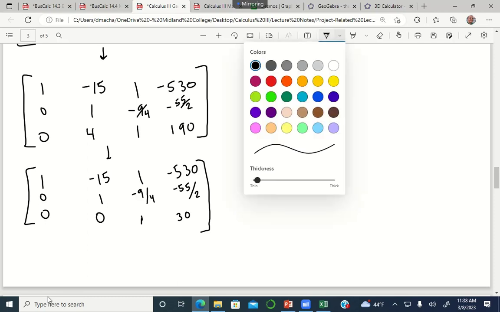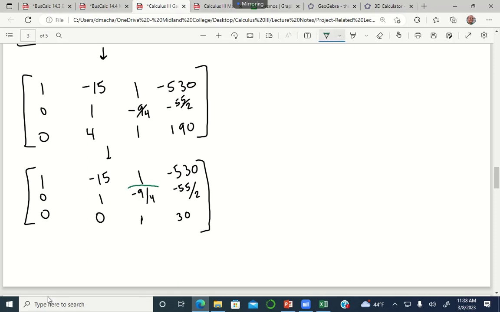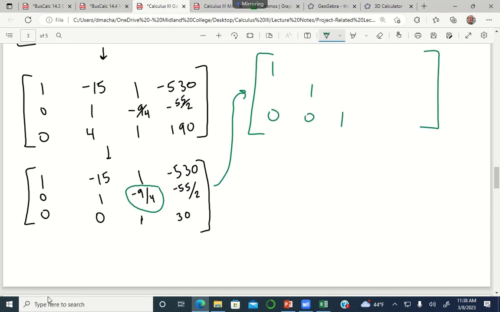So let's focus now on this negative 9/4. Let's try to make that into a 0. And to get that into a 0, I have to add the third row to the second row 9/4 times, right?